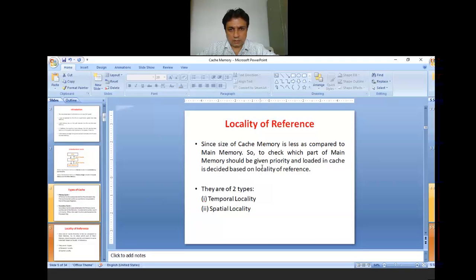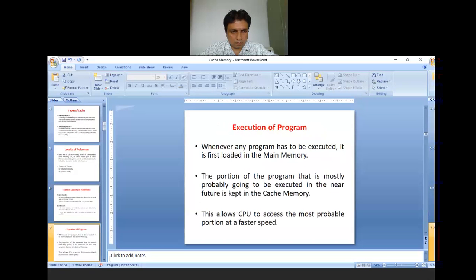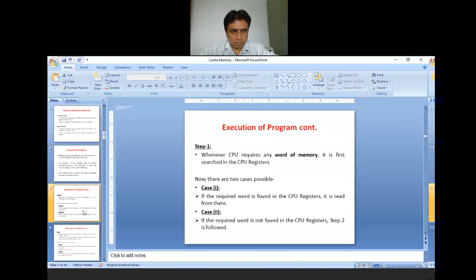We already discussed that there are basically two important localities of reference. One is temporal locality and the second is spatial locality. Then we know that in the execution of a program, first the CPU finds the word in the register.